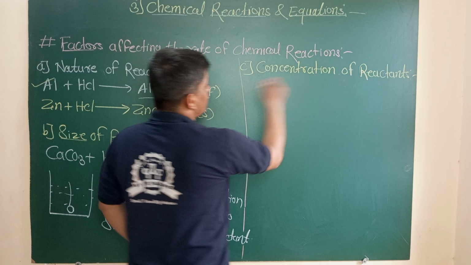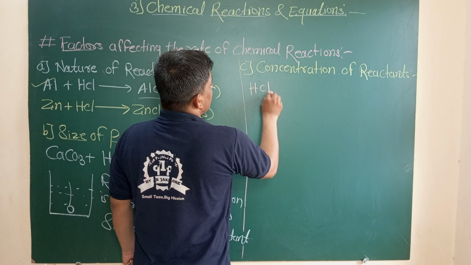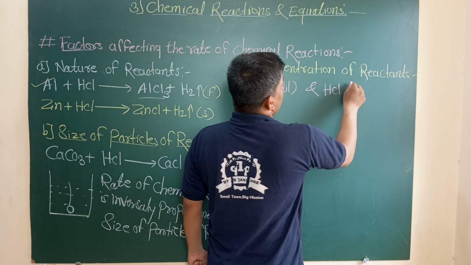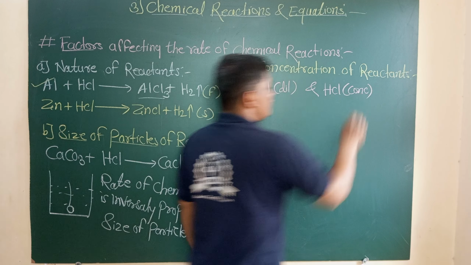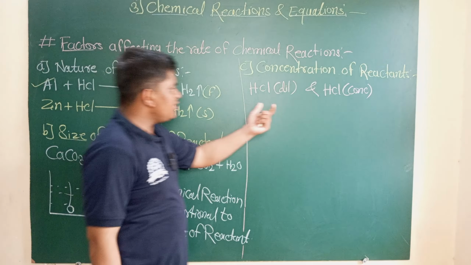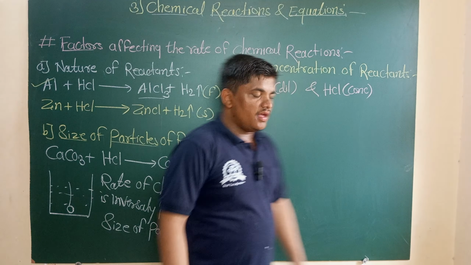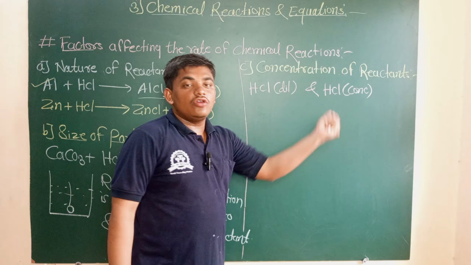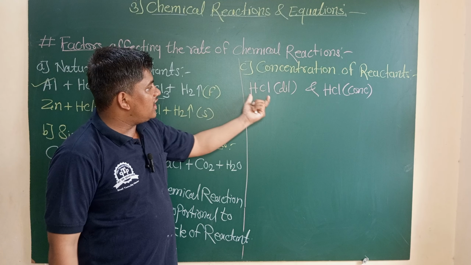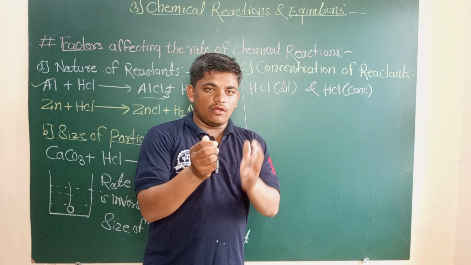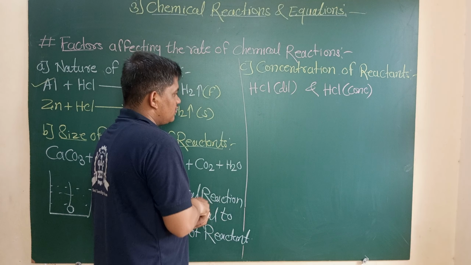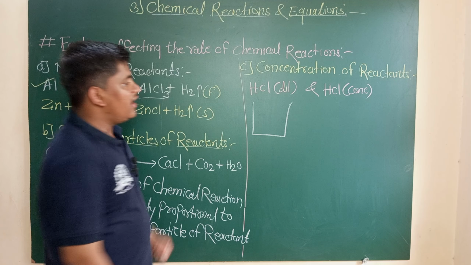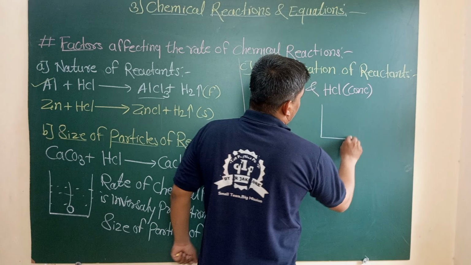We take two different solutions, HCl, hydrochloric acid, as a dilute solution and as a concentrated solution. What is the difference between concentrated and dilute? Concentrated means in a unit volume of water, the HCl molecules are more, and dilute means in the unit volume of water there is less HCl.